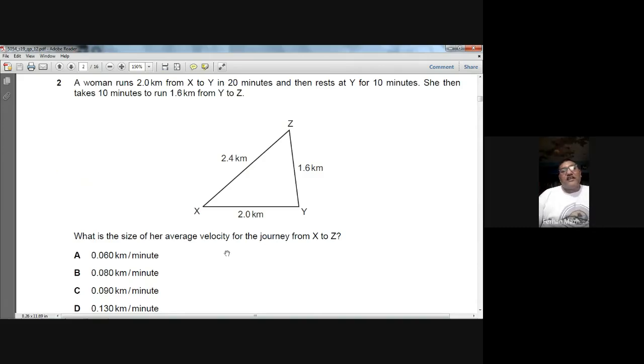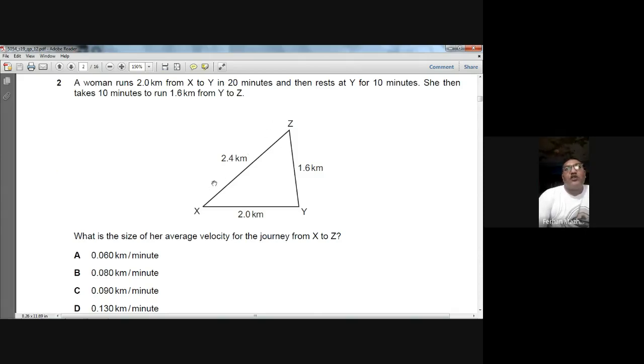Average velocity is displacement divided by time. The displacement is the minimum distance between the starting point and the finish point. The minimum distance between the starting point, which is X, and the finish point, which is Z, is 2.4 kilometer. So displacement is 2.4 kilometer.